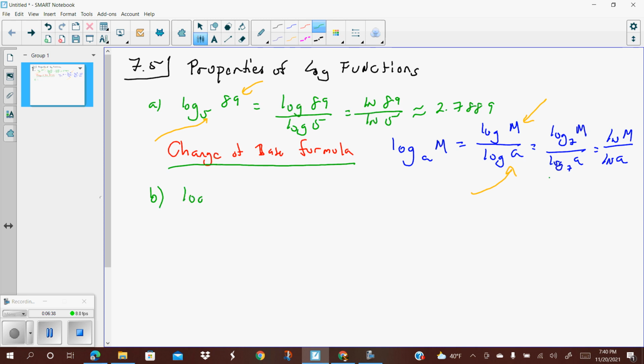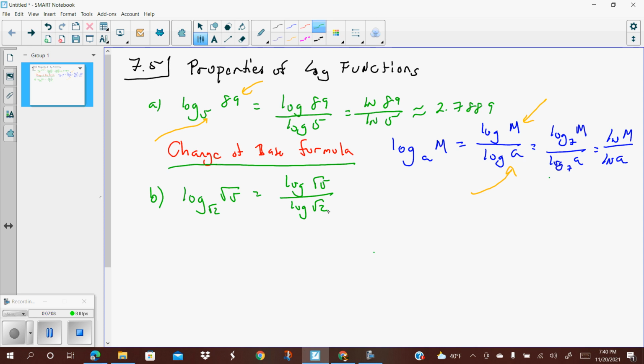We'll do the log of the square root of 5 base square root of 2. Again, this is not something that is super easy to figure out. I am going to rewrite it using the change of base formula, which says that'll be the log of the square root of 5 divided by the log of the square root of 2.